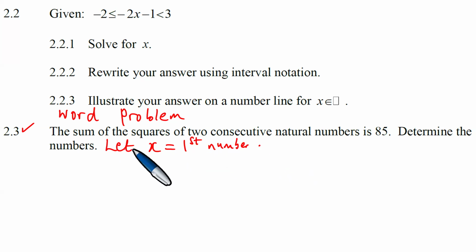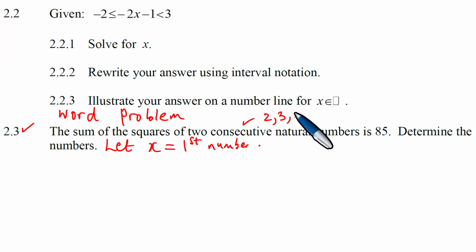Right, so because this is a sum of two consecutive, what does consecutive mean? What does the word consecutive mean? Consecutive means that they follow each other. So if the one number is 2, the other one is going to be 3.